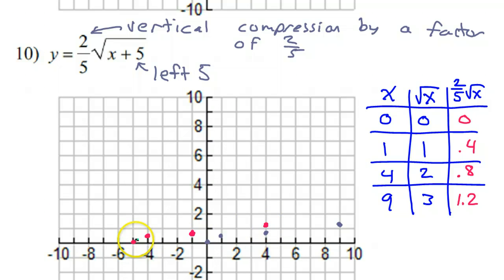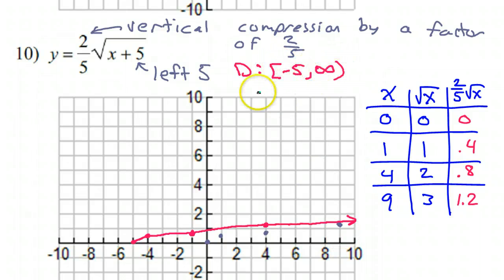So our graph is going to be looking something like this. And then we can go ahead and do the domain and range. So the domain will be from x value of -5 to infinity. And the range, the y values go from 0 to infinity.